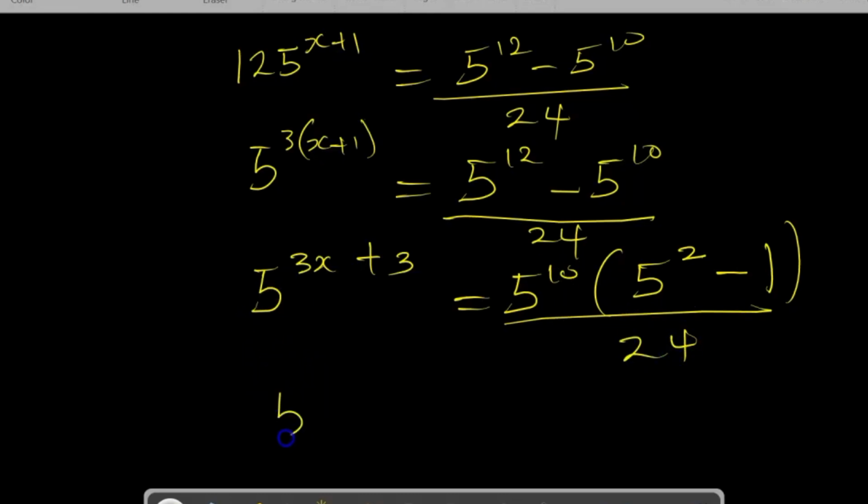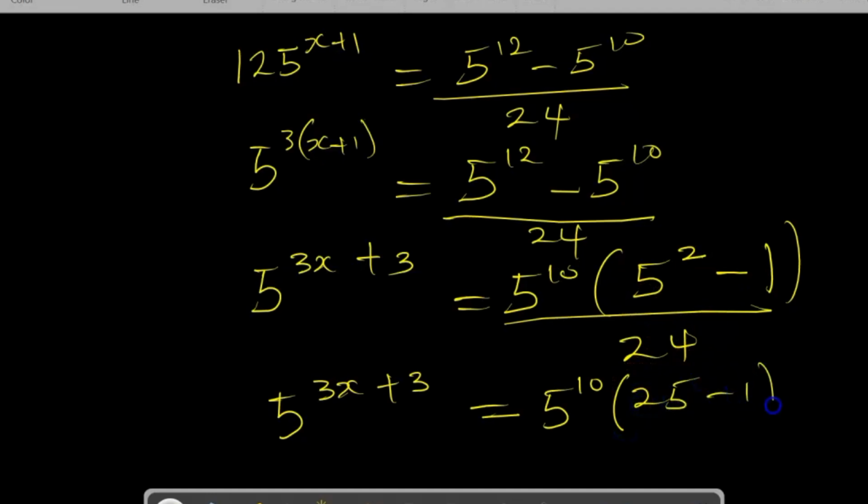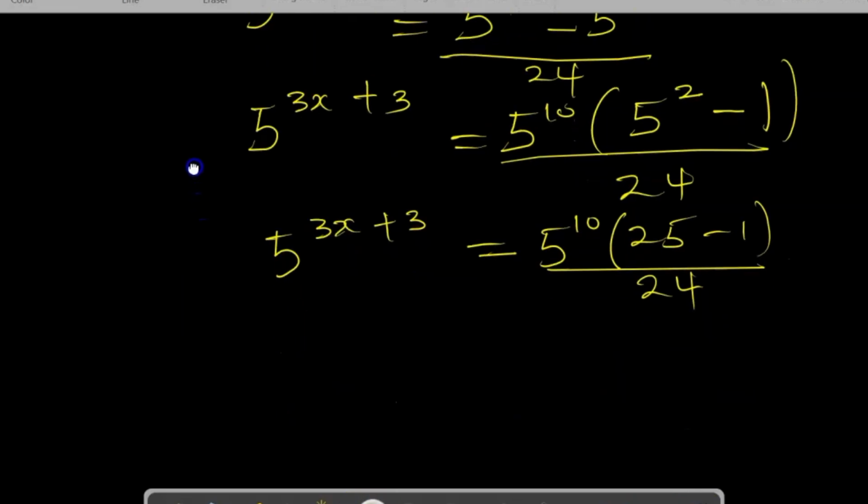So we have 5 raised to the power of 3x plus 3 to be equal to 5 raised to the power of 10, open a bracket, 5 raised to the power of 2 is 25, minus 1, everything over 24.